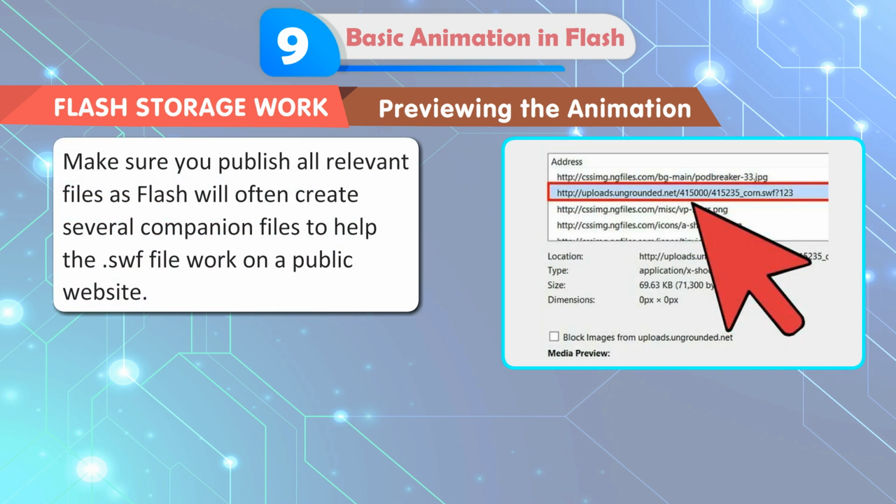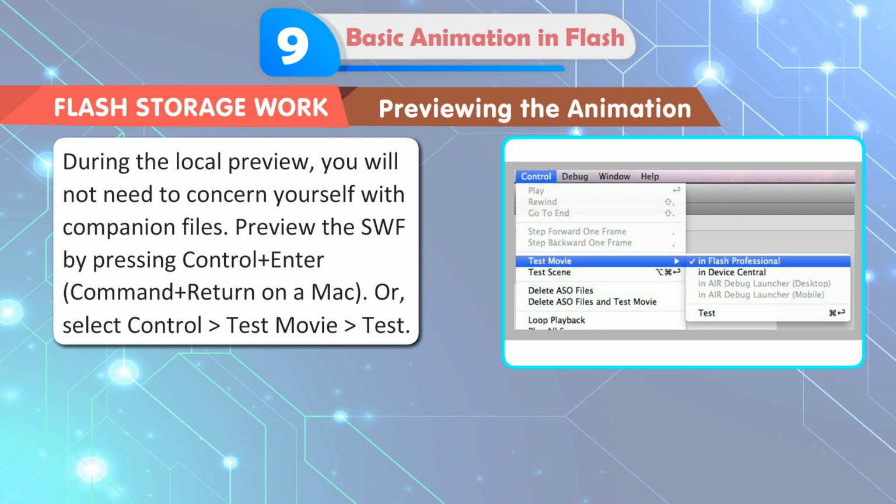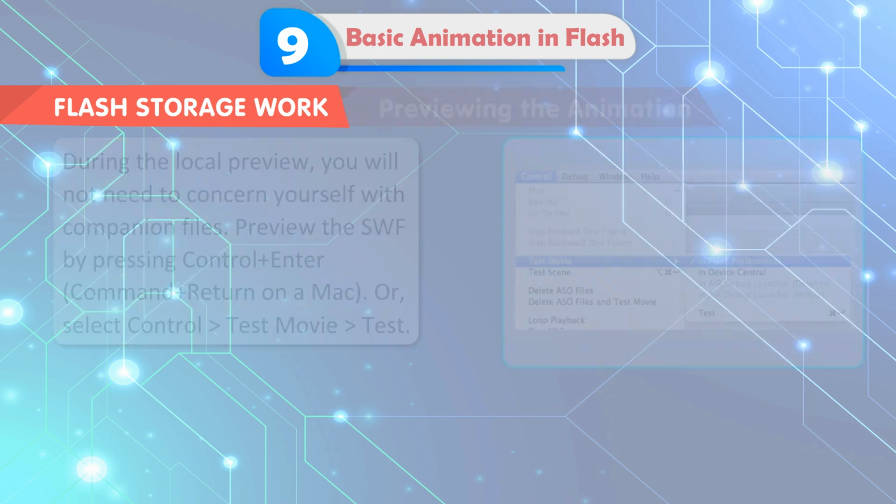Make sure you publish all relevant files, as Flash will often create several companion files to help the SWF file work on a public website. During the local preview, you will not need to concern yourself with companion files. Preview the SWF by pressing Ctrl+Enter, Command+Return on a Mac, or select Control, Test Movie, Test.